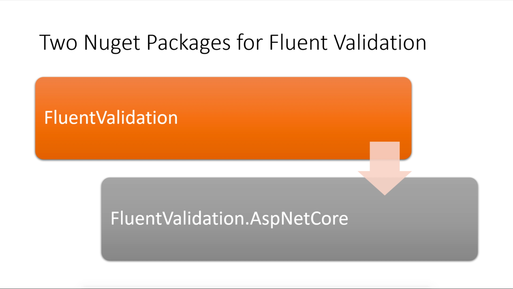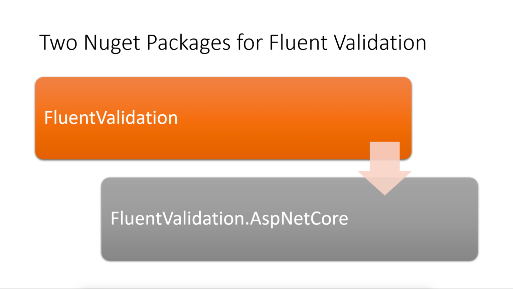So that's the Microsoft Dependency Injection package that I'm talking about. So if you want to be able to directly tie into that and add services and have that be simplified, then you will need the FluentValidation.AspNetCore package.